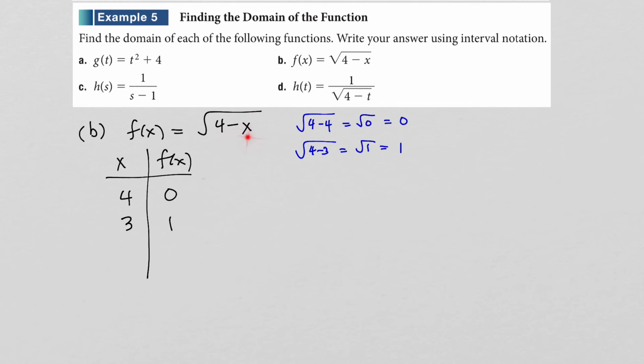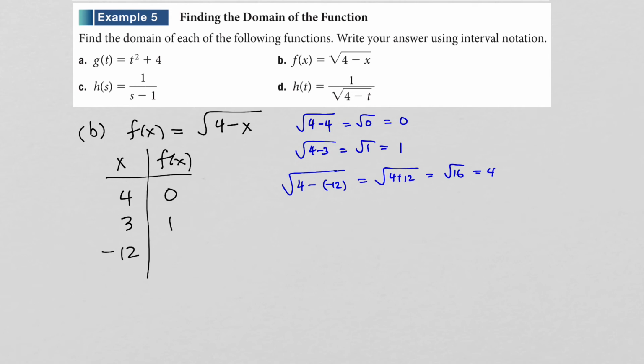I can plug in 0. I can even plug in x equals negative 12, right? Think about that. Can I plug in x equals negative 12? Well, if I do, I get the square root of 4 minus negative 12. That's the same as the square root of 4 plus 12, which is the square root of 16, which is 4. So no issues there.